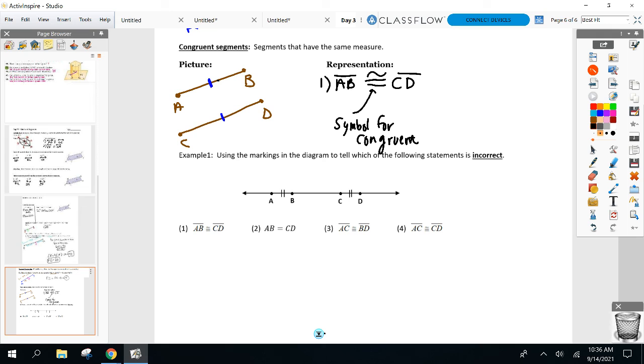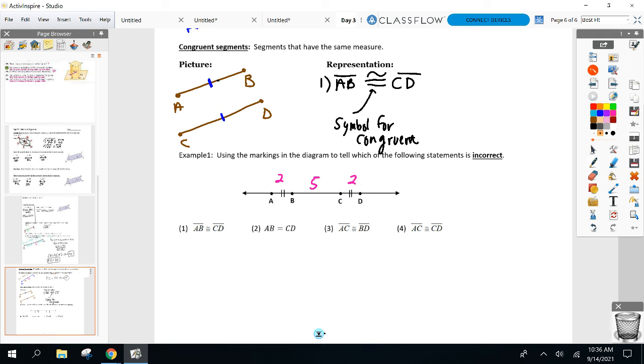How about 3? Now we get a little crazy. Is AC the same length as BD? Yeah, it is. Here's why. I think it may be helpful if I put numbers on here. Watch. Let's say AB is a length of 2. What's the length of CD? 2, because they're congruent. Let's say BC, how long you want BC to be? 5?